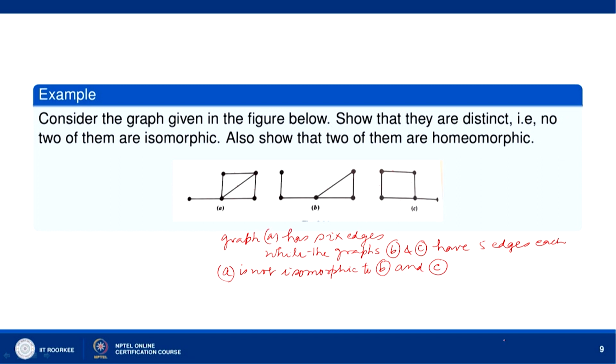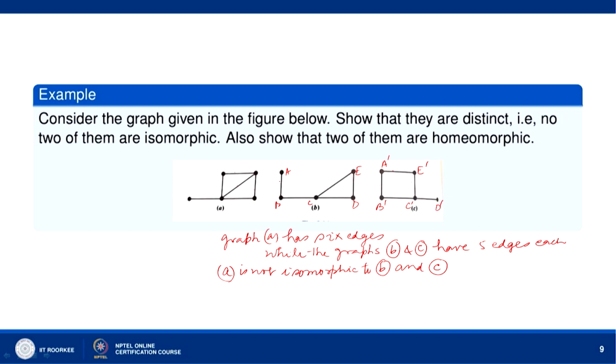So, what we can do, let us say these are vertices A, B, C, D, E, and these are say vertices A', B', C', E' and D'.